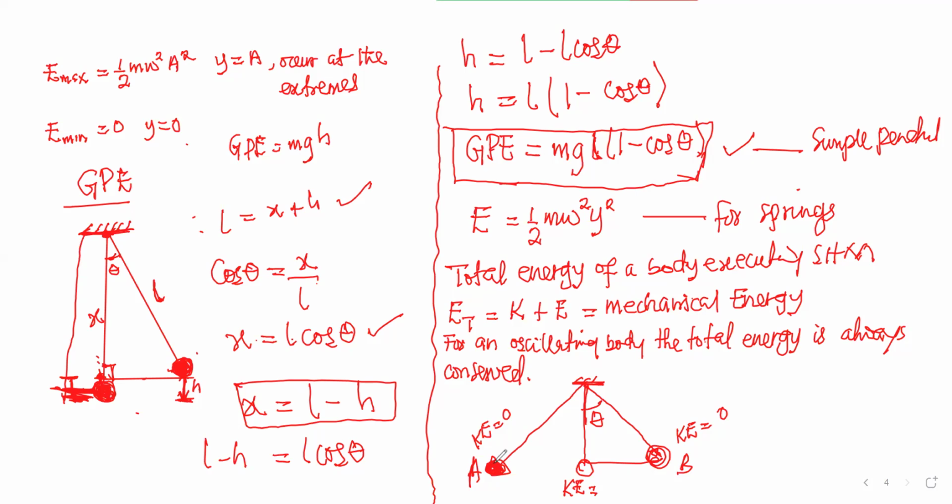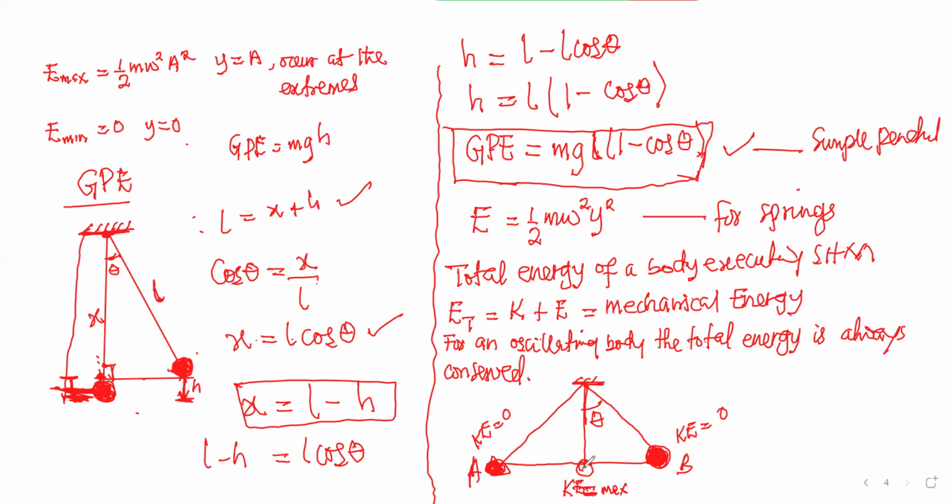Class, what's the value of KE at the mean point? Somebody should hurry up and give me a quick response. Is it minimum? Is it maximum? Maximum. So KE is maximum here.